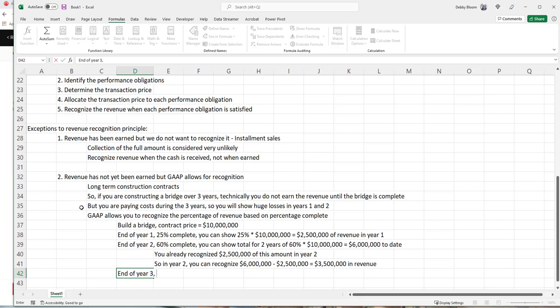So you have 4 million of revenue left to recognize in year 3 because the total contract price is 10 million. So to wrap it up, if you add 2.5 million recognized year 1, 3.5 million recognized in year 2, and 4 million recognized in year 3, that will add to that contract price of $10 million.